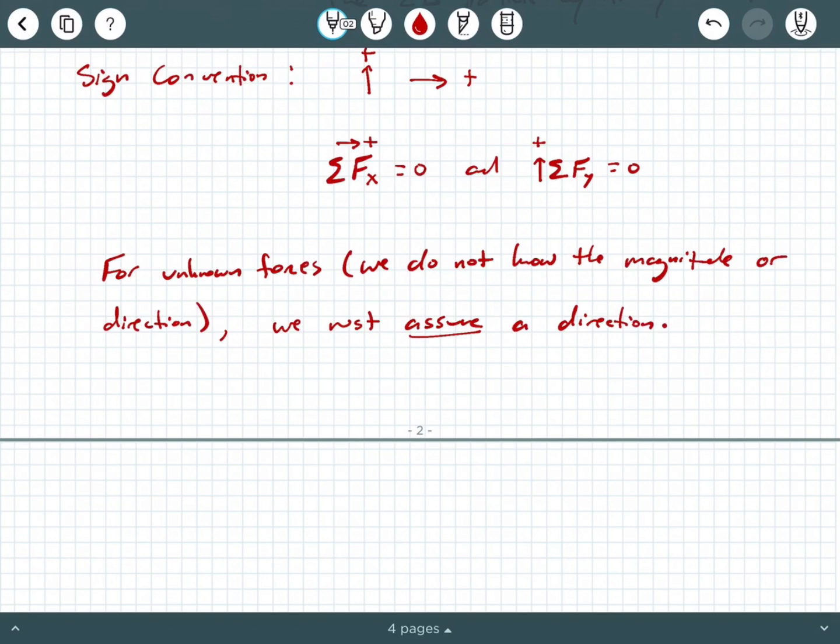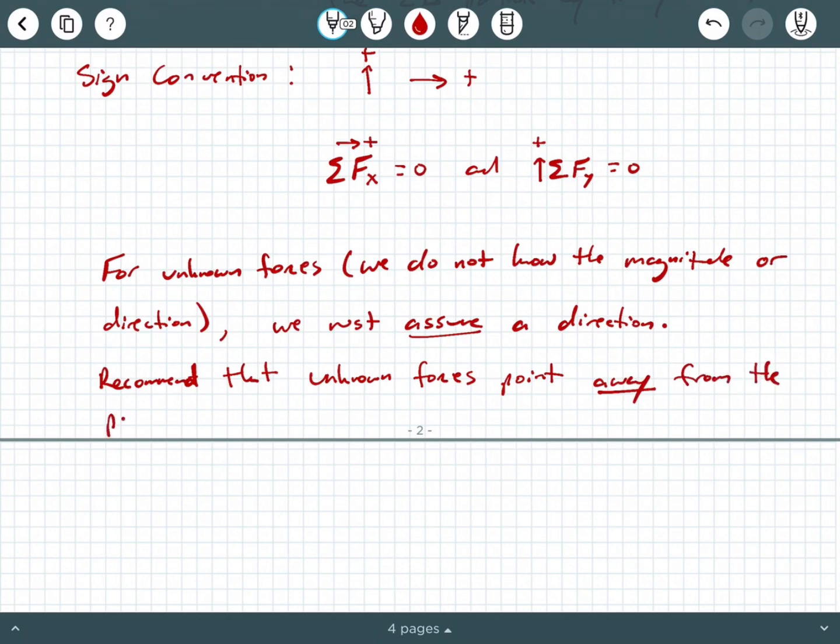You have to assume it's pointing somewhere, okay? Here's what we typically recommend: that unknown forces point away from the particle in the free body diagram, okay?